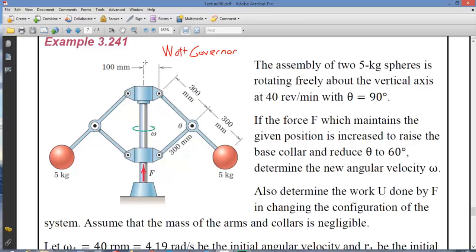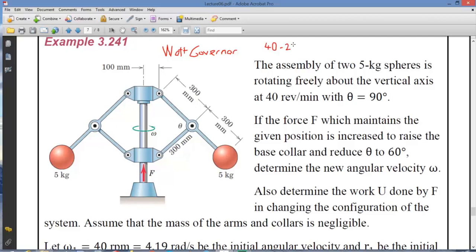Now, as they are rotating at 40 revolutions per minute or 40 RPM, we can find the equivalent in terms of radians per second, since we are working with SI units. That means you need to multiply this 40 by 2 pi, as each revolution is 2 pi radians.